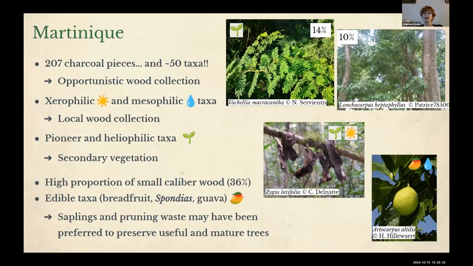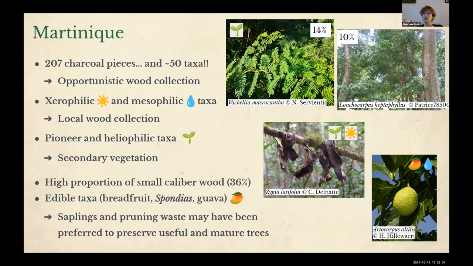And so here I identified more than 200 charcoal pieces from a lime kiln to really study the wood that was used in the lime kilns. And I could identify 50 different taxa, which is absolutely huge given the number of charcoal pieces. So unlike what we've seen before, it shows that the wood collection was opportunistic.